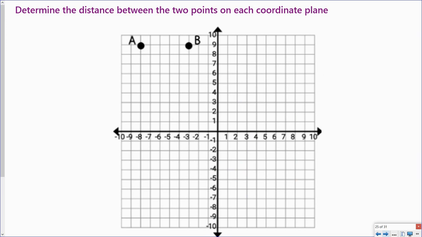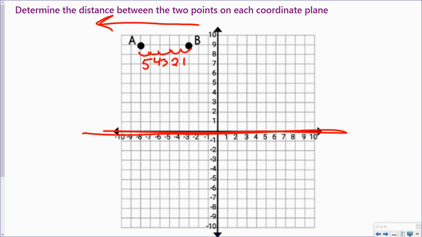So let's take a look here. So this one is going this direction, so that means I'm using my x-axis as my number line. So again, I'm going to count my jumps. So here's 1, 2, 3, 4, 5.